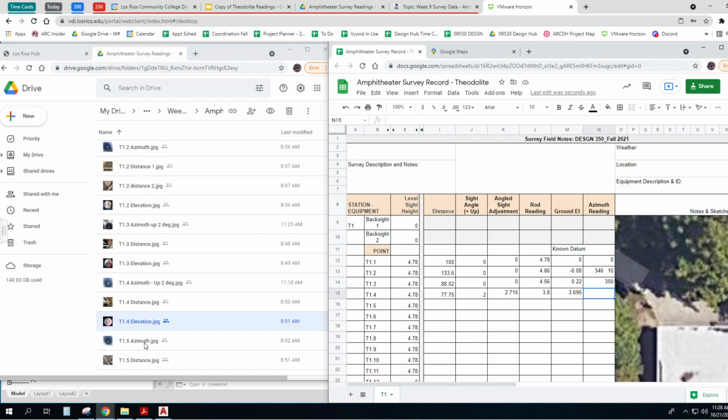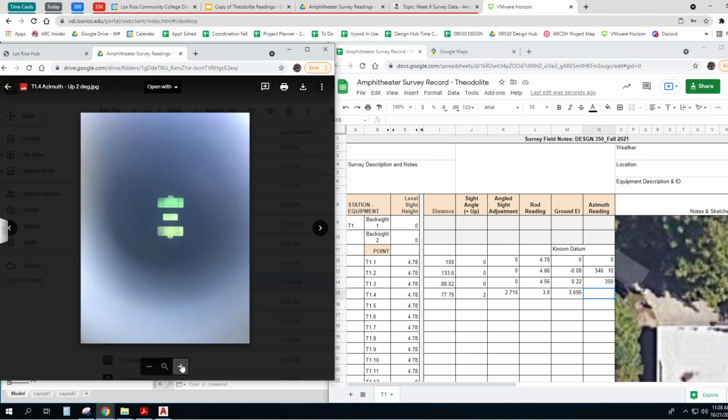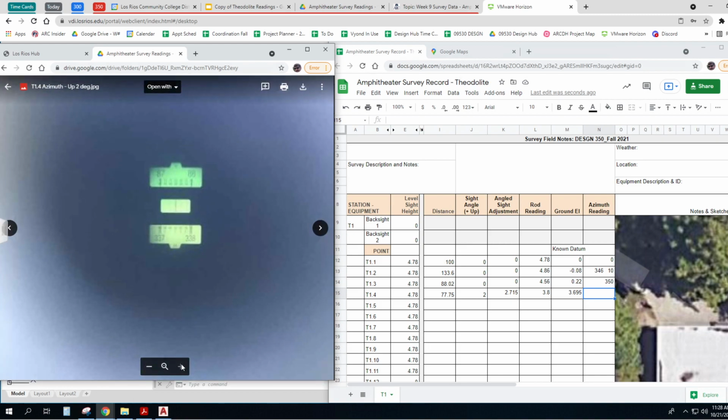Okay, so now T1.4 azimuth is right on 338. That is amazing. Cool.